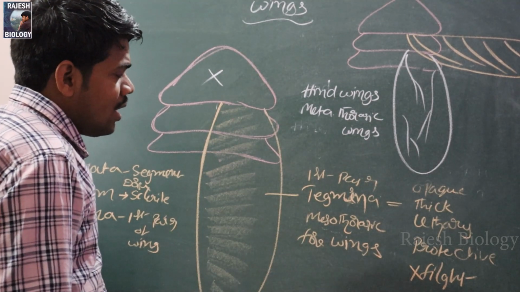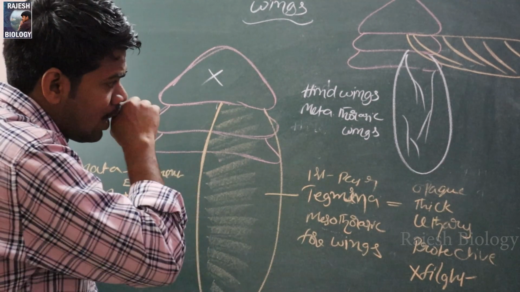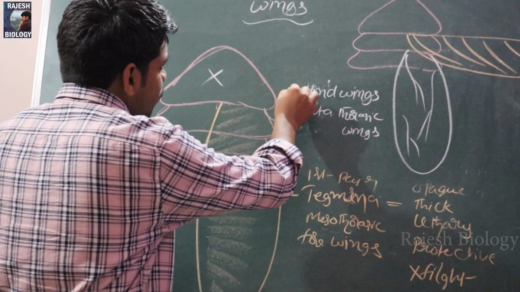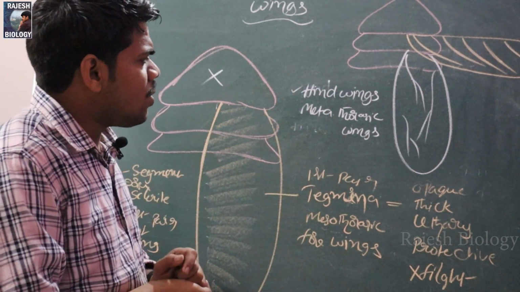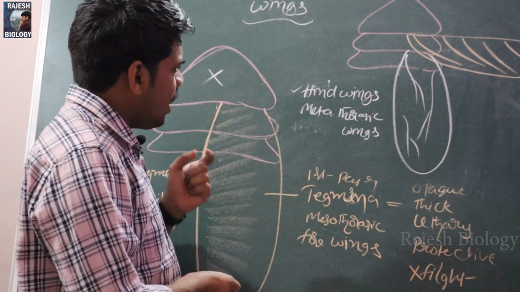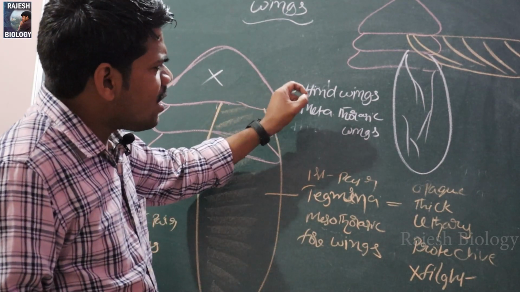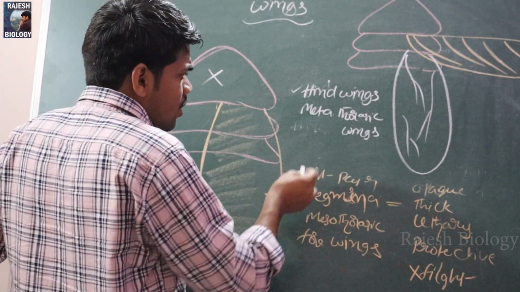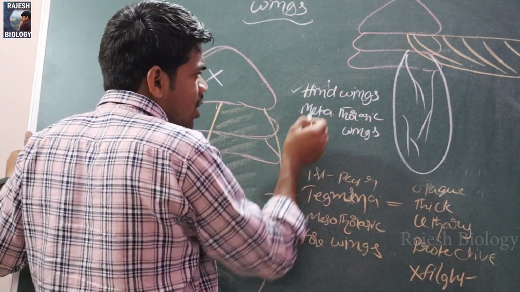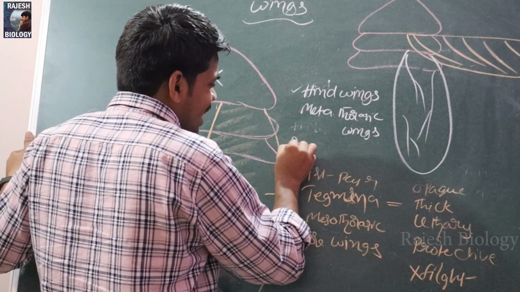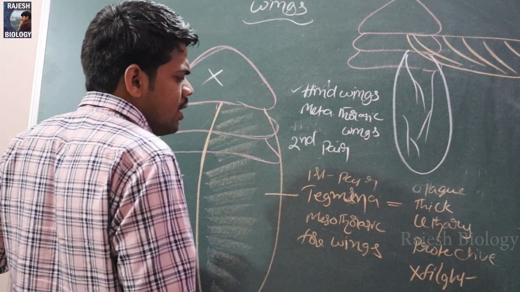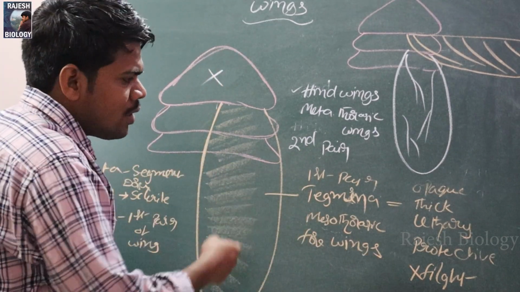They ask which wings help in the flight, or the hind wings arise from which of the following segments, like that. Metathoracic wings are also called hind wings or second pair of wings.